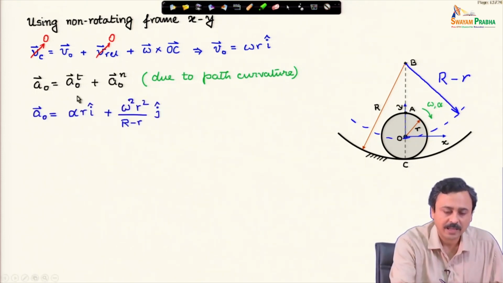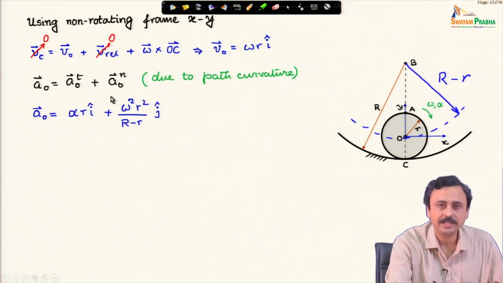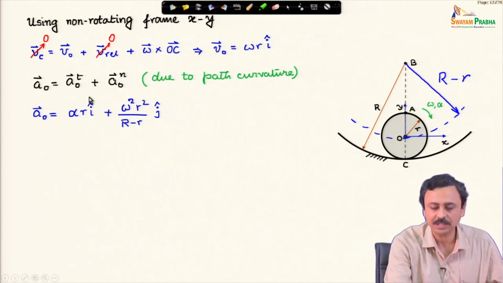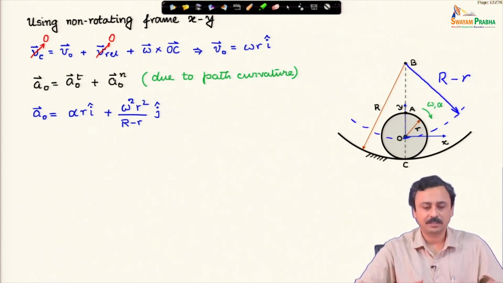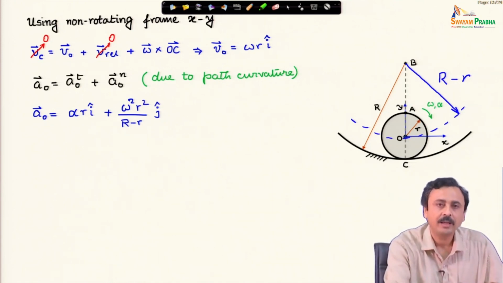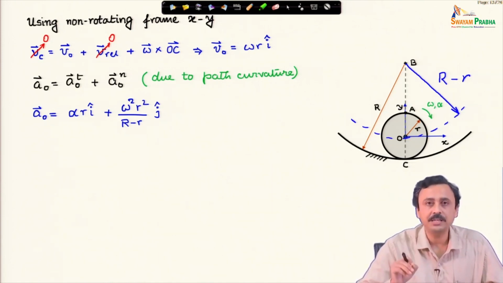Therefore, this acceleration of O will have two components, tangential and normal, because of path curvature. The tangential acceleration is the same as what we have derived earlier, because you remember that C is the instantaneous center of rotation.